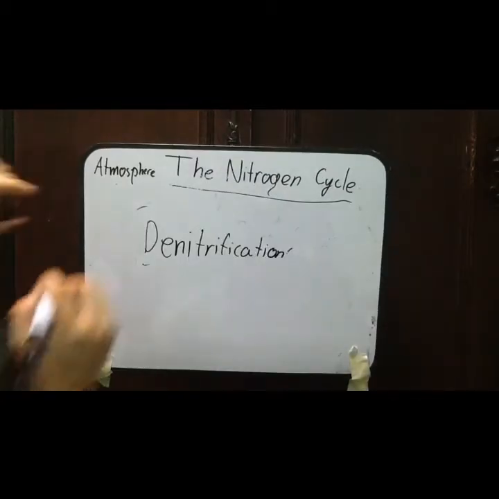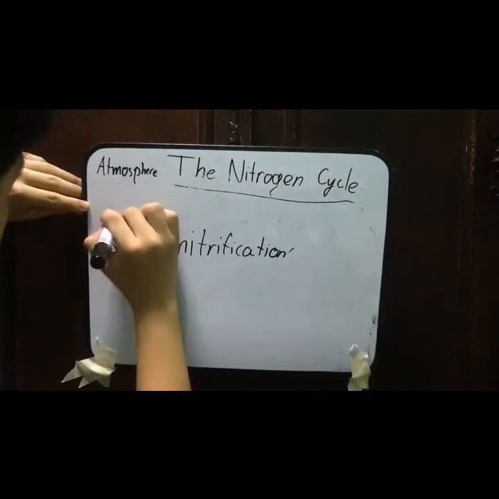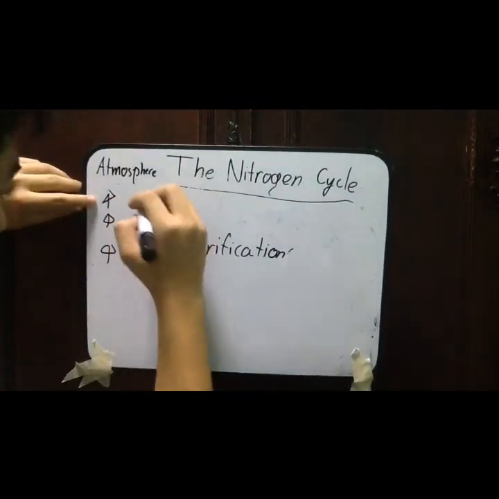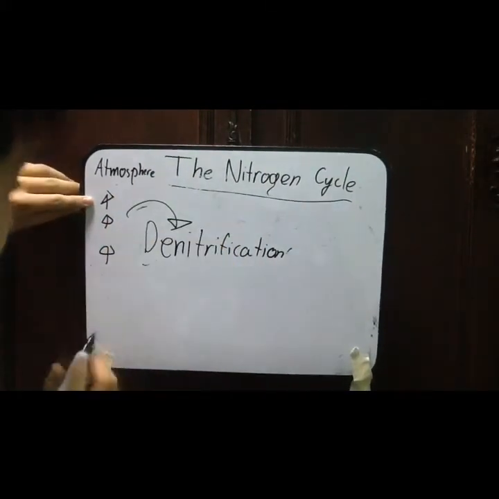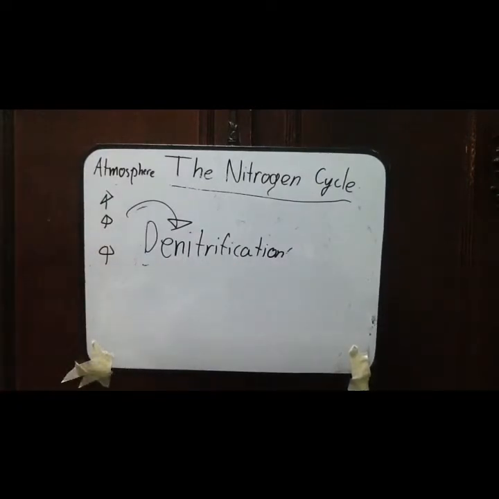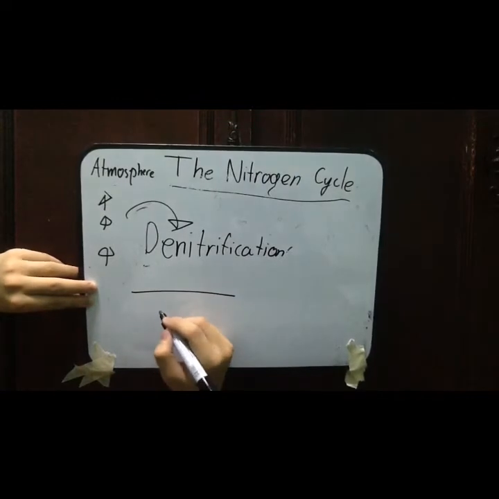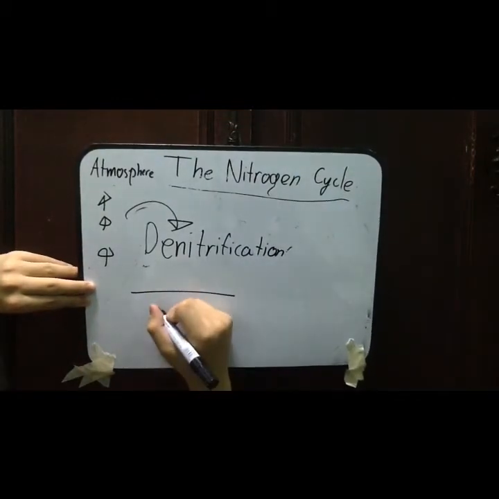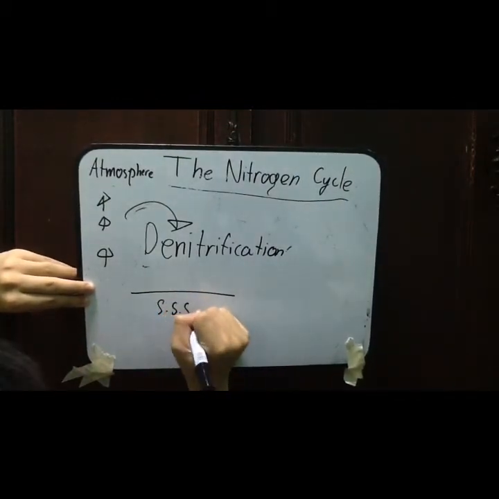Nitrogen then re-enters the atmosphere through the fourth process, which we know as denitrification. The denitrifying bacteria live deep in soil and swampy sediments. Let's just call them triple S for short.